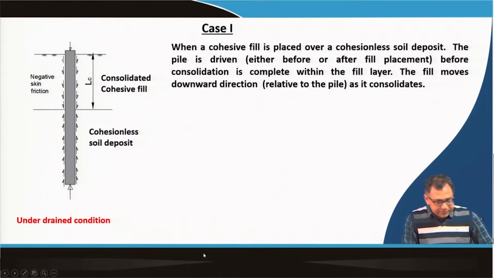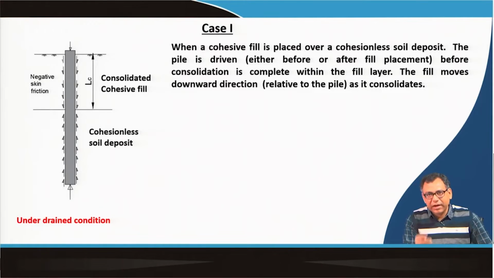In the first condition, the cohesive fill is placed over a cohesionless soil deposit, and the pile is driven before consolidation is complete within the fill layer. That can be before or after the placement of the fill. In that case, the consolidation of the cohesive fill will start, or has already started, but is not finished yet.